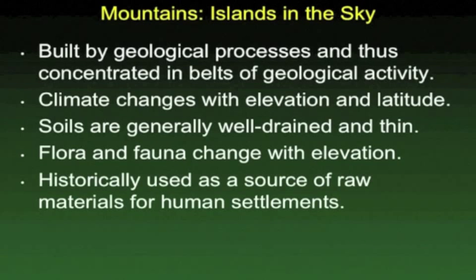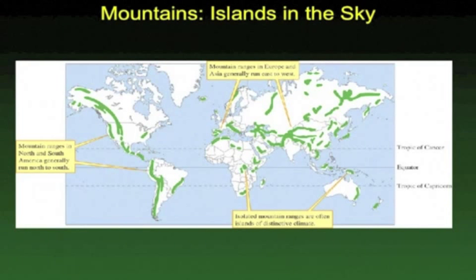And this is an area which has provided good production for many human populations. When we look at the distribution of mountain environments, you can see the Rocky Mountains there, and then going down into South America and the Andes Mountains.